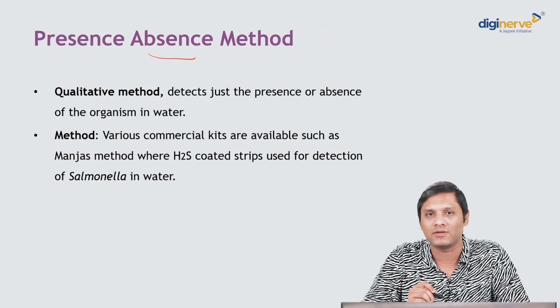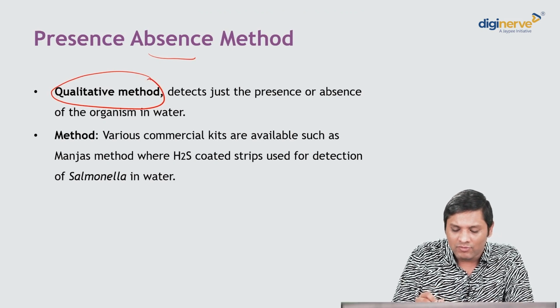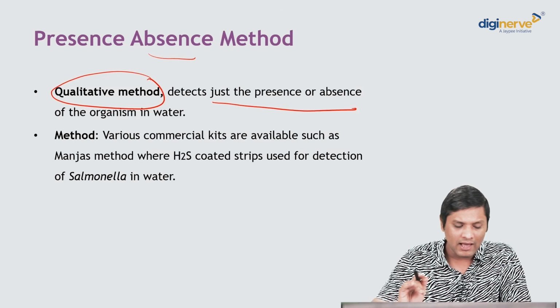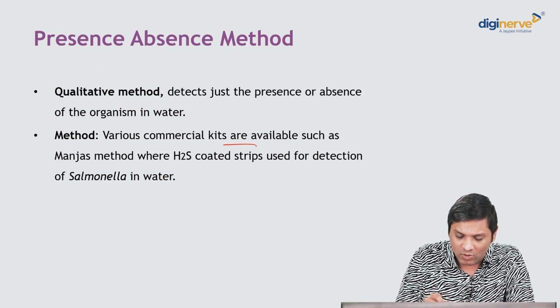Now the third method which is called as presence absence method. It is not a commonly used method. It is a qualitative method which will just detect that the organism is present or not, and various examples are there. One of the examples is H2S coated strips.